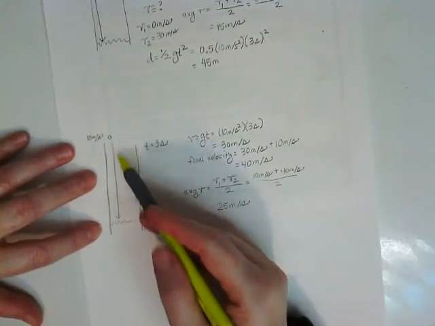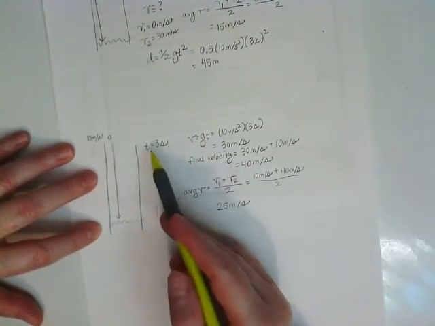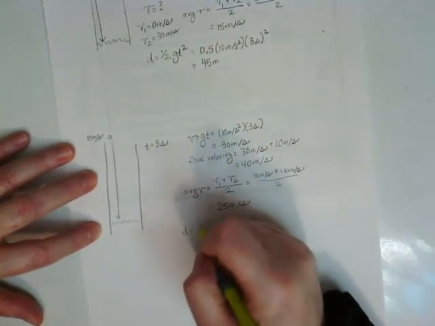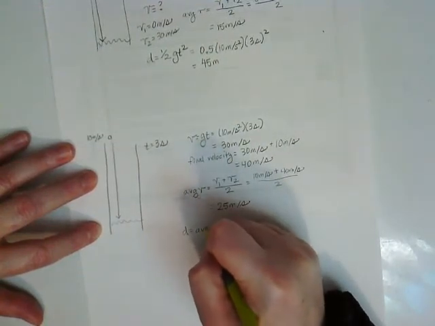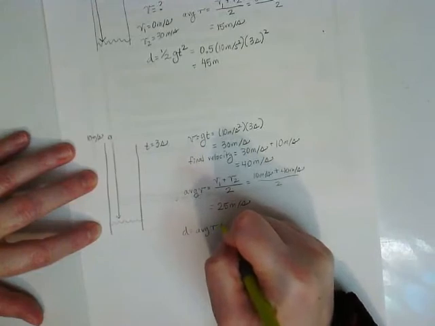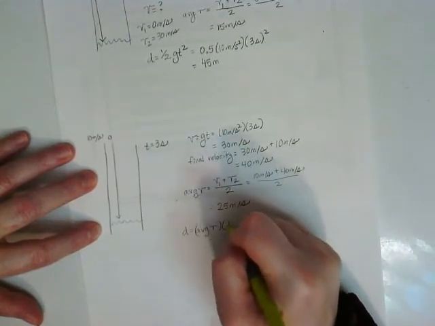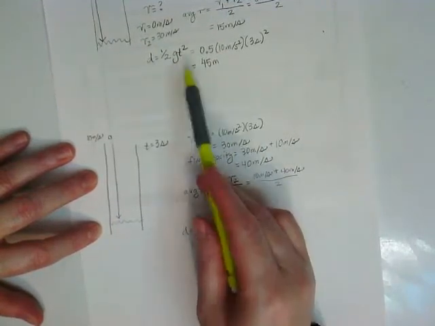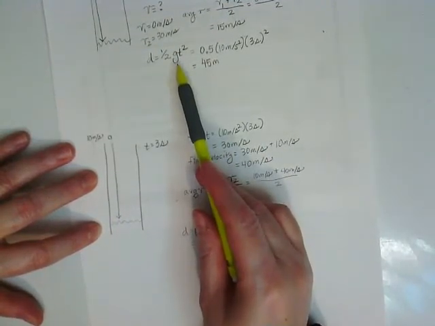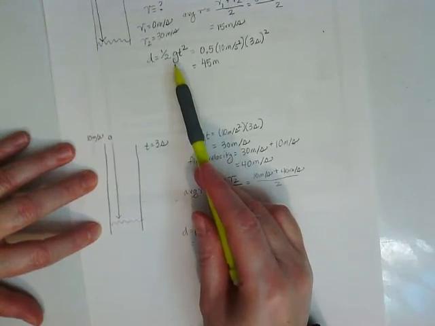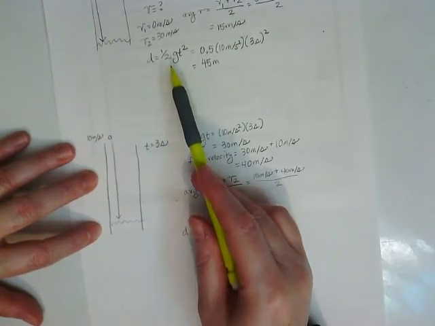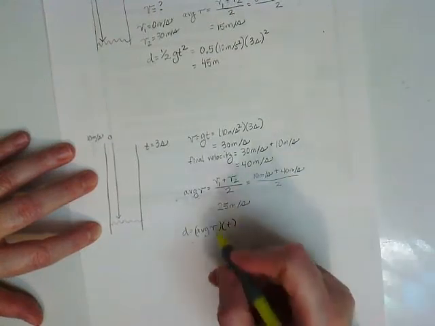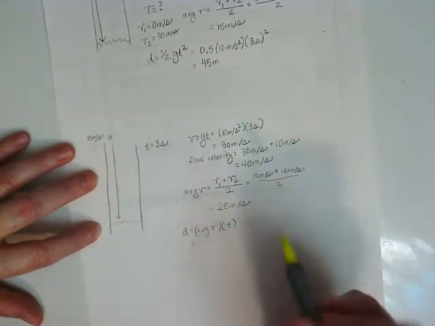Now, that's the average velocity. So to figure out how far it falls, our distance is going to be our average velocity times our time. And this is different than how we did this one, because this one assumed you were not moving. We have to add the fact that we're moving when we start, that there's velocity initially.